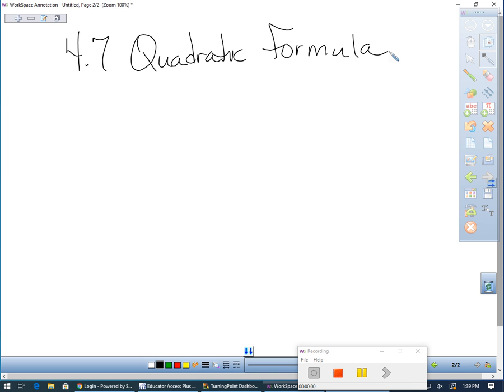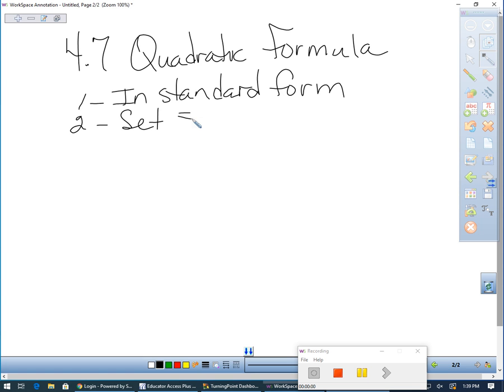All right, so quadratic formula. To use the quadratic formula, two things need to happen first. One, you have to make sure that it is in standard form. And part of making sure it's in standard form is that it has to be set equal to 0, just like everything else.